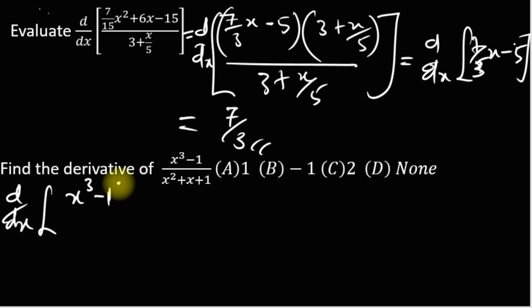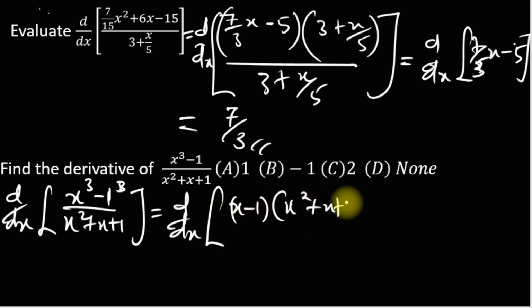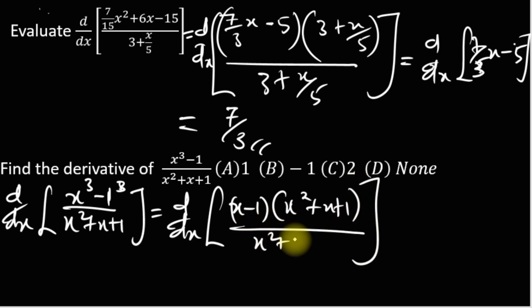And you know 1 could be written as 1 cubed. So I'm going to apply difference of two cubes here. This is the same thing as derivative of, from difference of two cubes, so this is difference of two cubes.